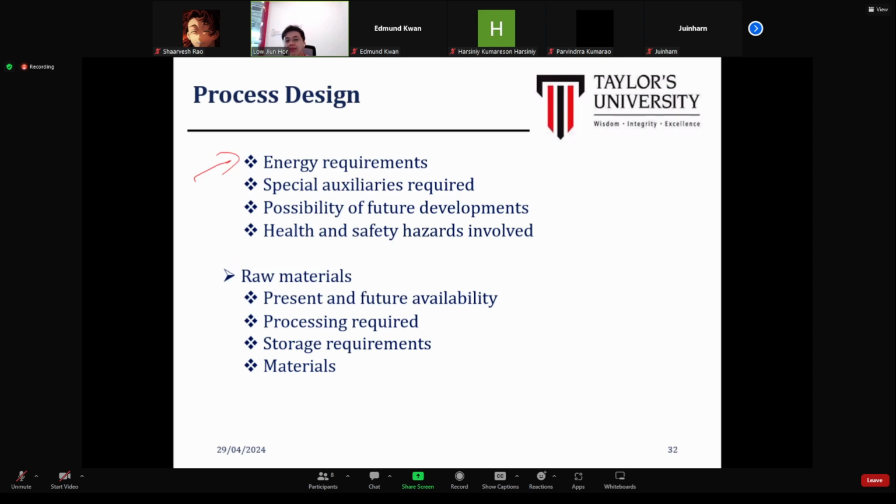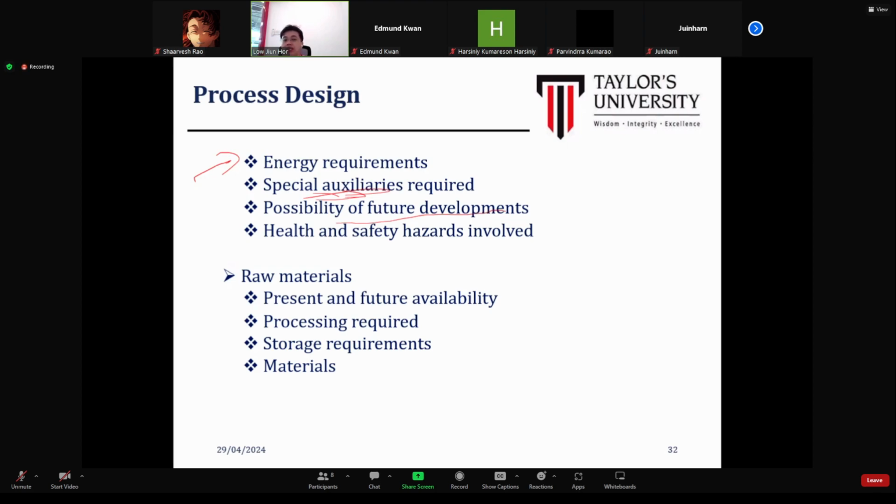Besides that, is there any very special and uncommon equipment you need in the selected process? And also, if in future I want to modify this process, is there any potential? Can we modify the plant easily?